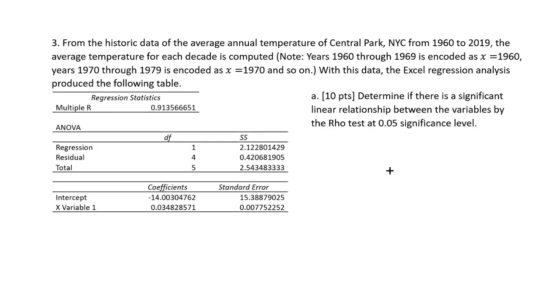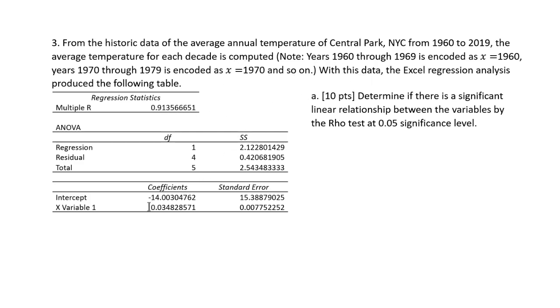Question 3, from the historic data of the average annual temperature of the Central Park, and I guess it's really asking whether there is global warming or not, right? And there seems to be some correlation between the years and the temperature, so there's a linear relationship, which means that as the years go by, the temperature change is gradual according to the years.